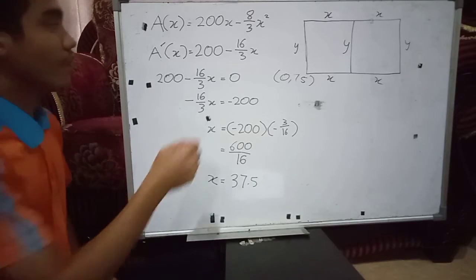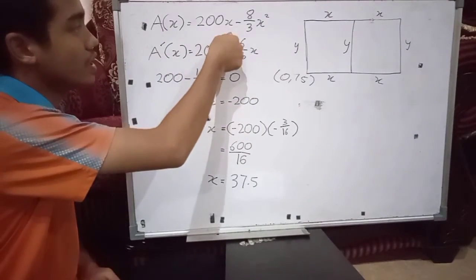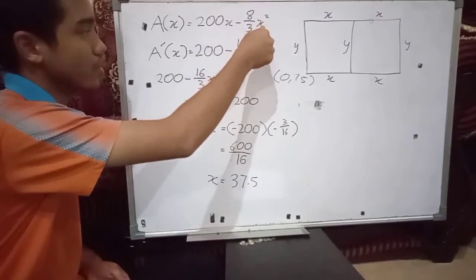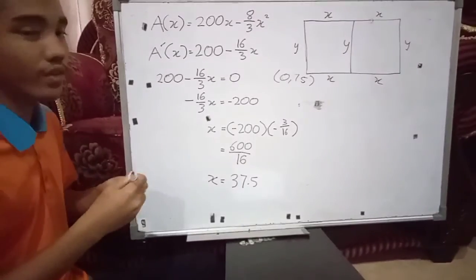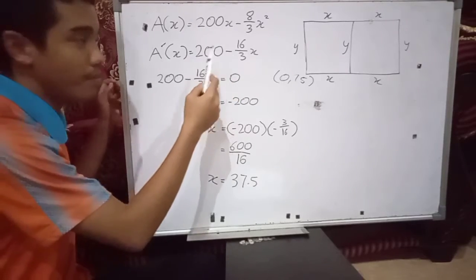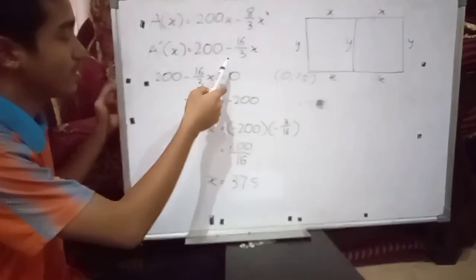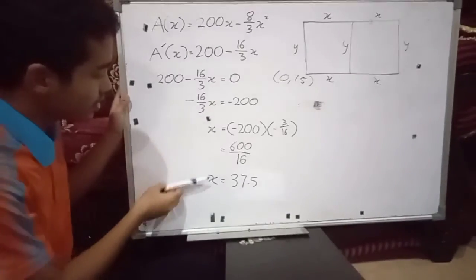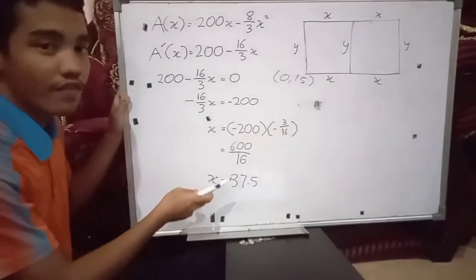To get the value of x, we will differentiate. So 200x minus 8 over 3 x squared becomes 200 minus 16 over 3 x by using the power rule. Then when we calculate all of the numbers, we get x equal to 37.5. So this is the critical value of x.